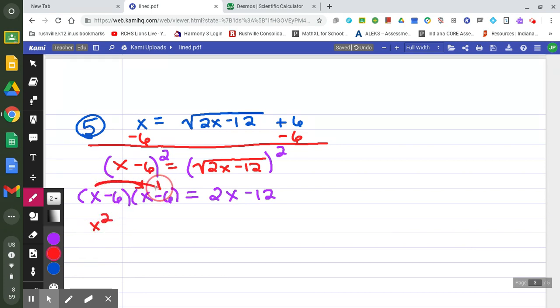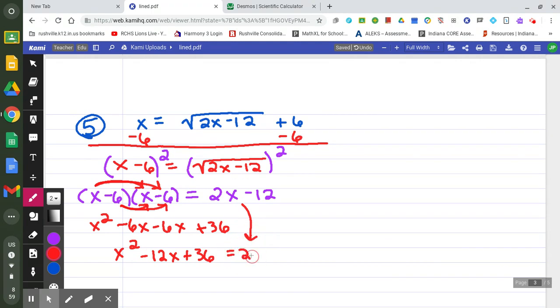X times negative 6, negative 6x. Negative 6 times x, negative 6x. Negative 6 times negative 6, positive 36. And then I do have terms that combine, so x squared minus 12x plus 36. And then I still have this, so equals 2x minus 12.